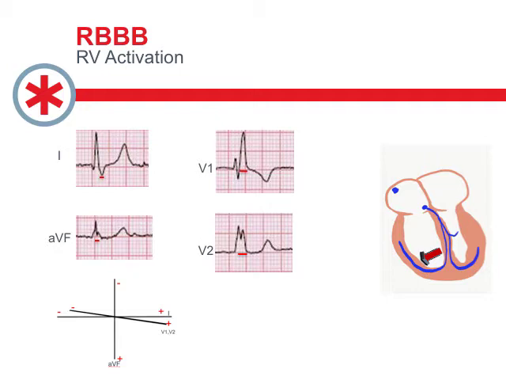Lead AVF is going to still be a bit positive because the flow is still a bit downwards. And in V1 and V2, because you've activated the posterior aspect of the heart with the left ventricle, and now it's coming forward activating the right ventricle, you suddenly are going to get this nice R wave, or the R prime wave, I should say, their second R that comes out because we're now heading back up towards the front of the chest. So V1 and V2 get this bunny-eared appearance.